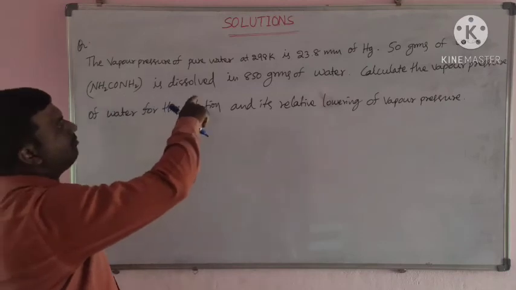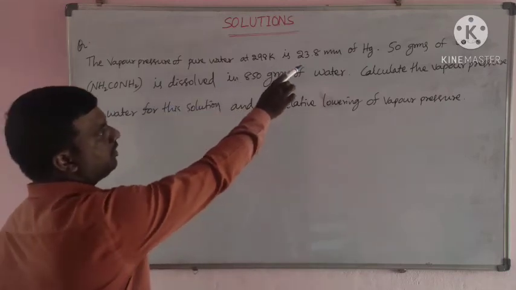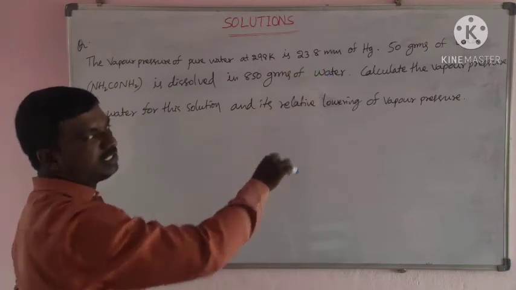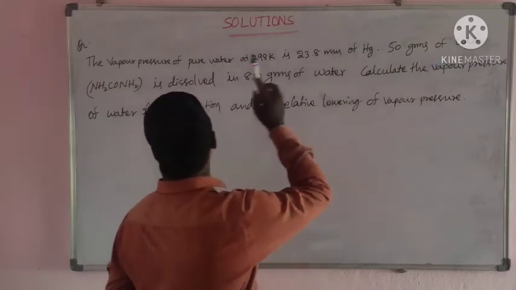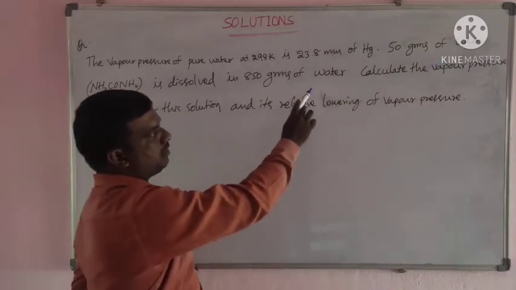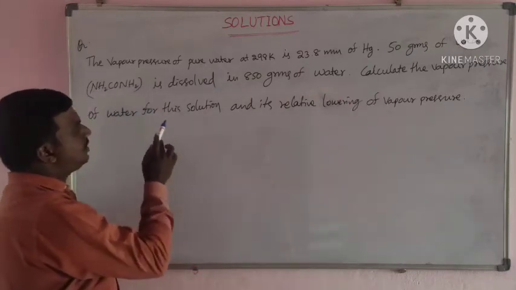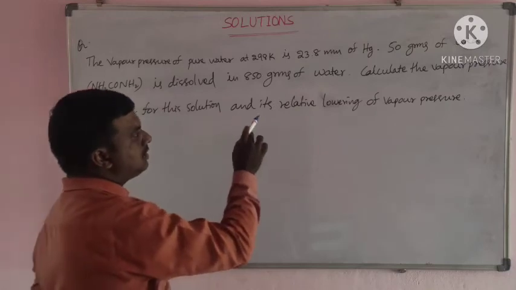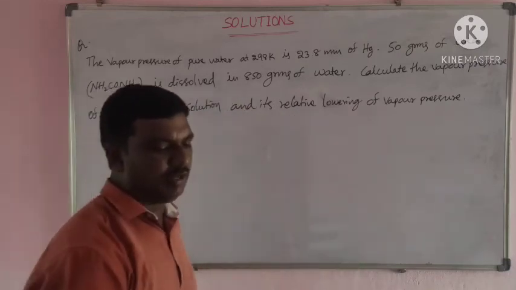The vapor pressure of pure solvent at 298 Kelvin is 23.8 mm of Hg, mercury. 50 grams of urea is dissolved in 850 grams of water. Calculate the vapor pressure of water for this solution and its relative lowering of vapor pressure.